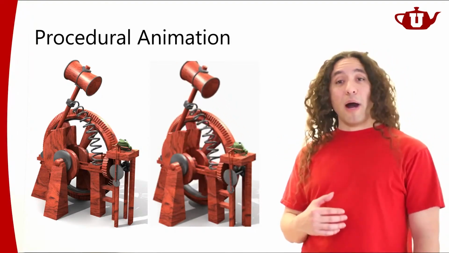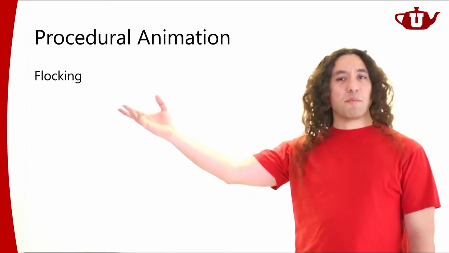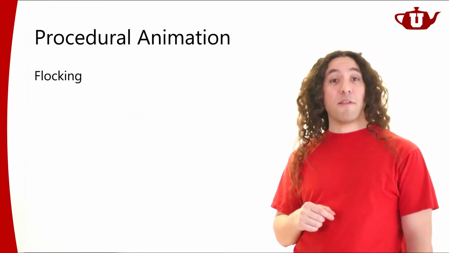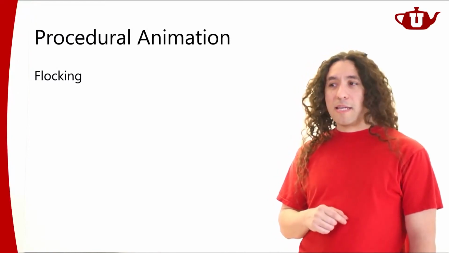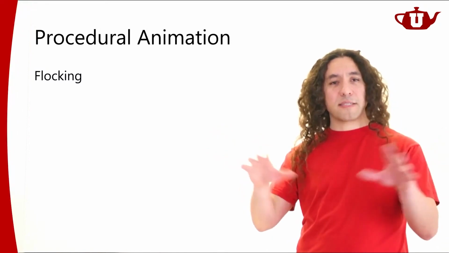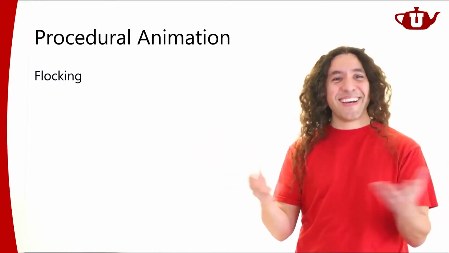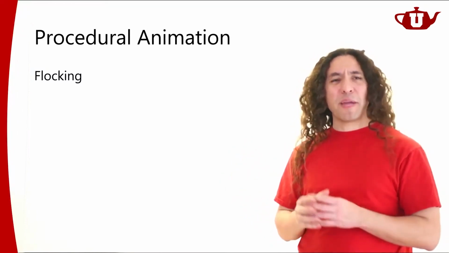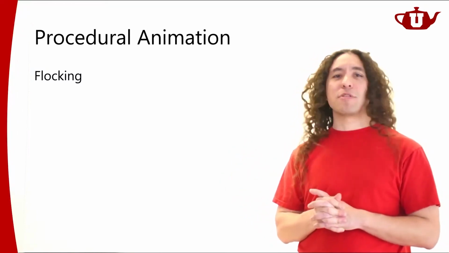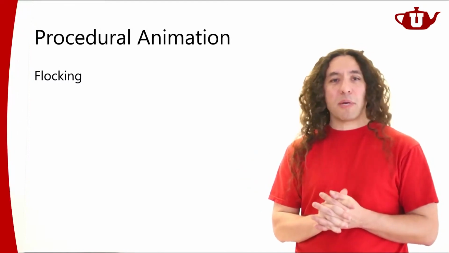In fact, one common method that could be considered under the umbrella of procedural animation is flocking. Flocking is the idea of controlling a whole bunch of objects, multiple objects, forming a flock, moving them together. It's typically handled by using some sort of procedural function, and that procedural function can be something a bit more complicated.